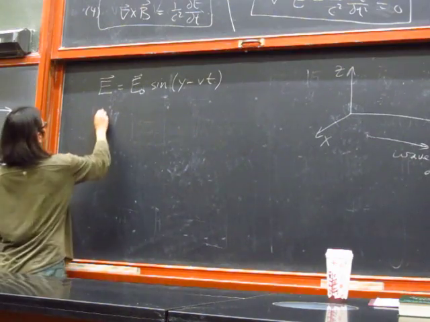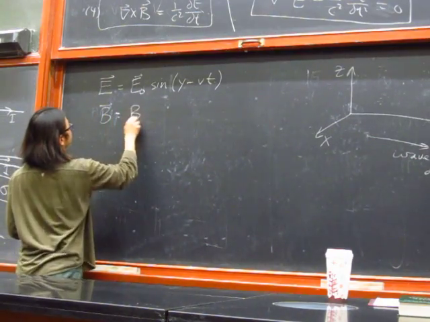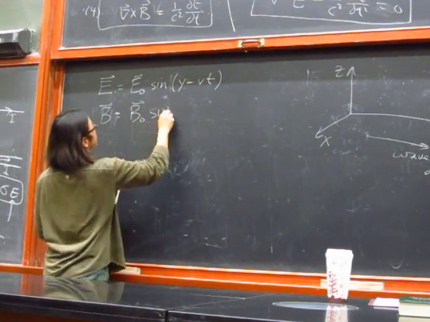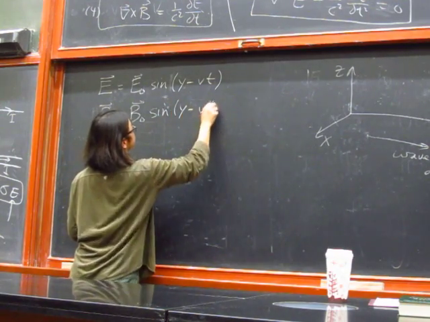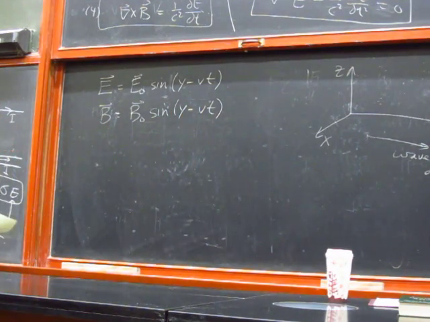And the B field is equal to B naught sine (y minus vt).